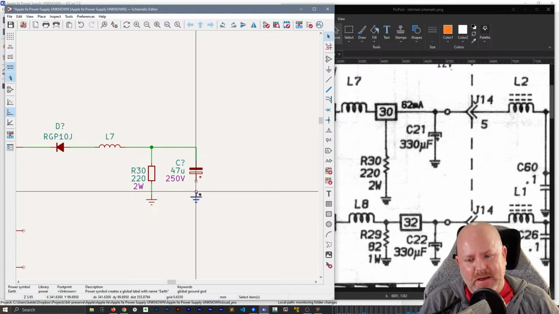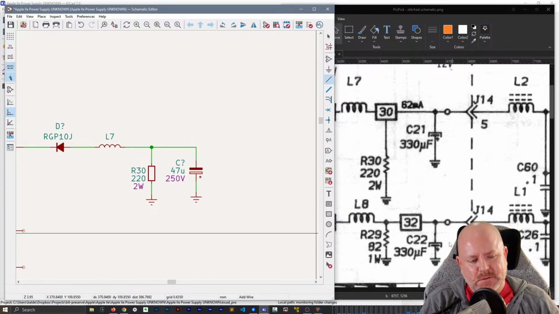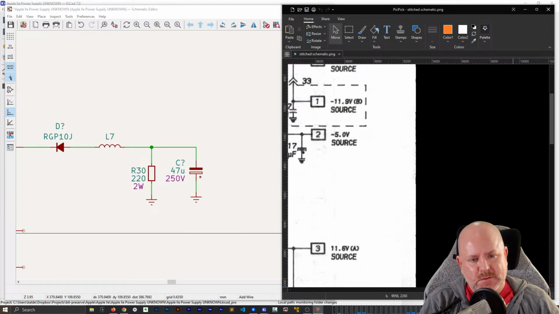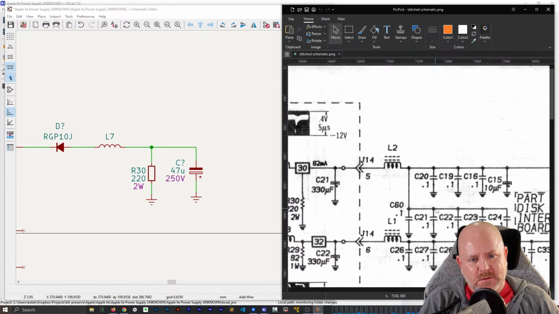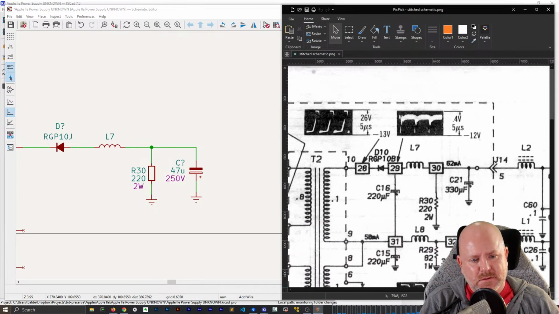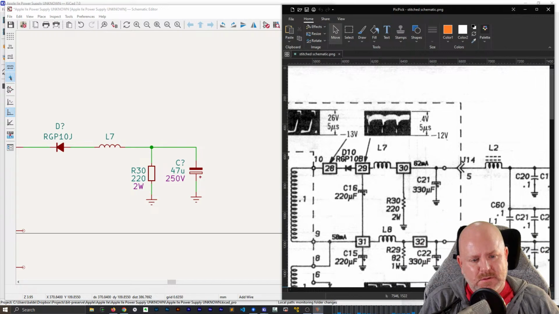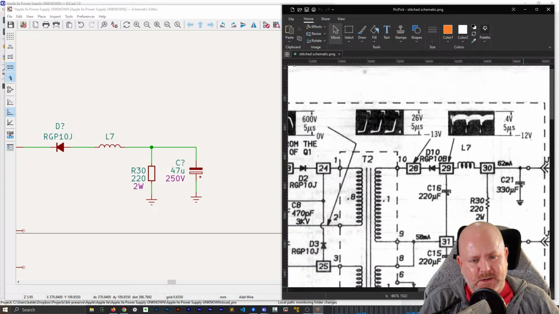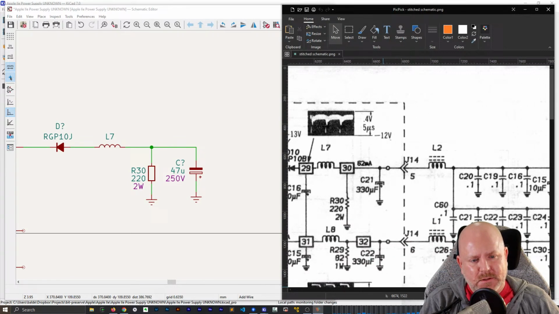Why does this cap have its positive at ground? Okay, I guess that's creating a negative supply.